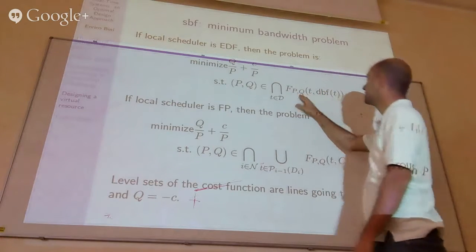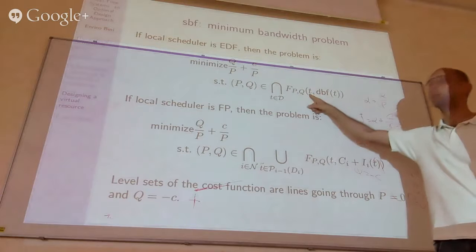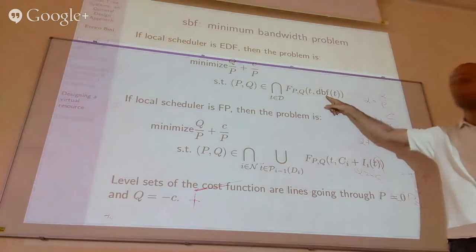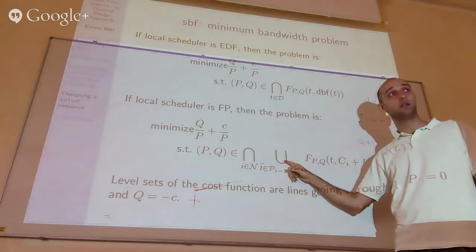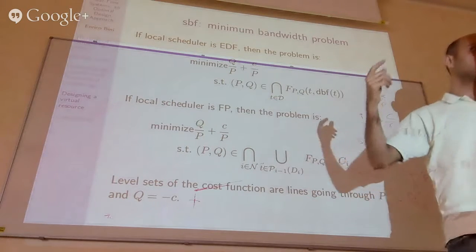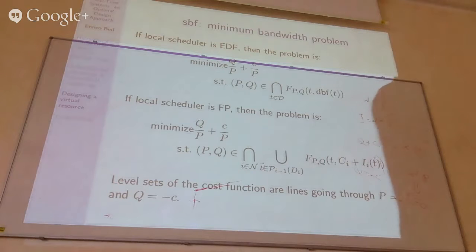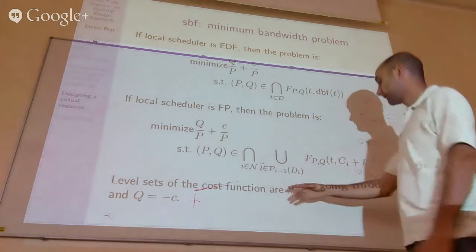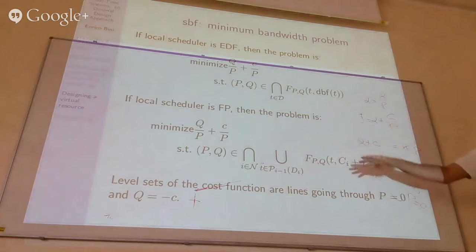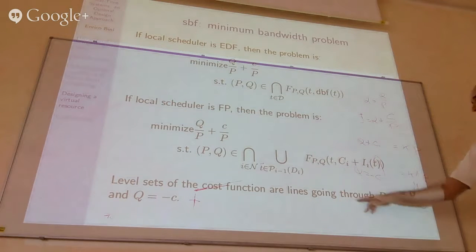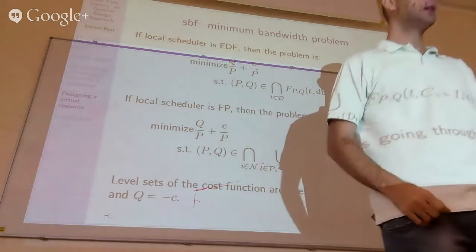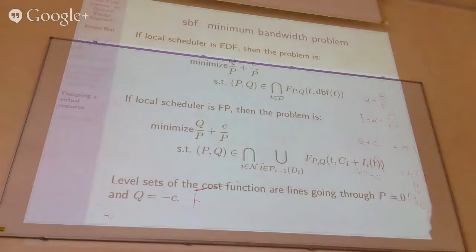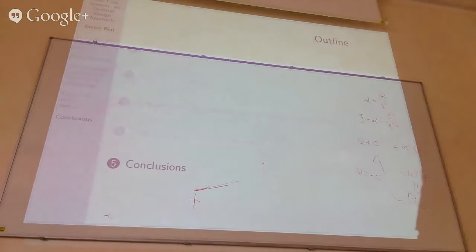It's the intersection of this region computed again for all deadlines and the DBF at all deadlines. And for fixed priority, you have to do the union of regions and the intersection of regions as usual. And then the level sets, as I said before, are lines going through the point P equal to 0 and Q equal to minus C, and you have to find the point where the slope is minimal.